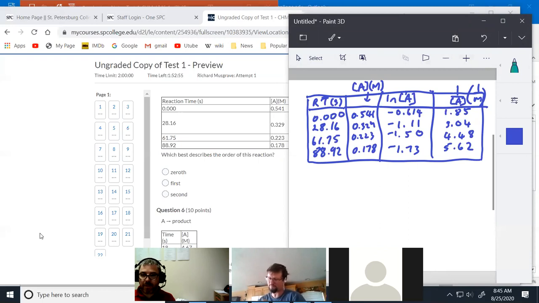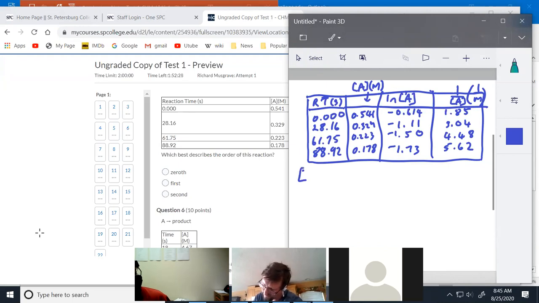So let's look at getting some slopes here. Actually, why don't you all try it? I'll just do a couple to put you on the right path. We'll do A versus time here.